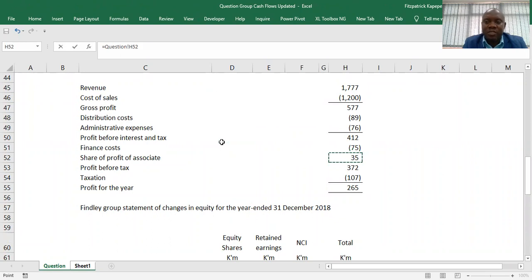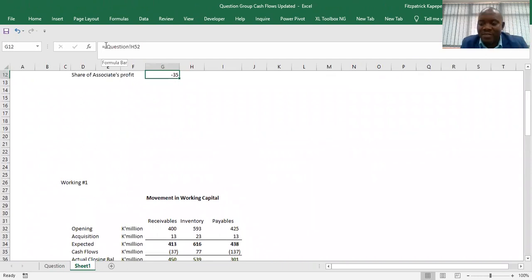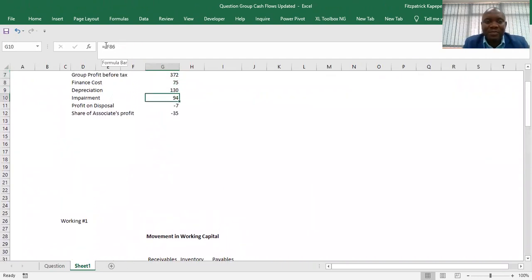This, because it's a profit, we have to remove it. It has its own portion under investments where we're going to have it. Then we go now to receivables, inventory, and payables.